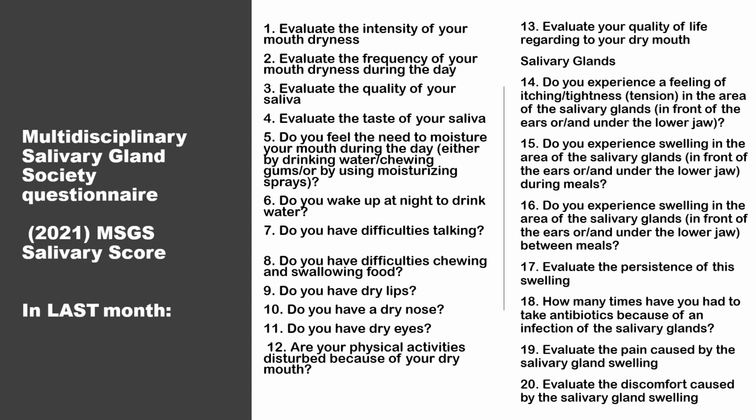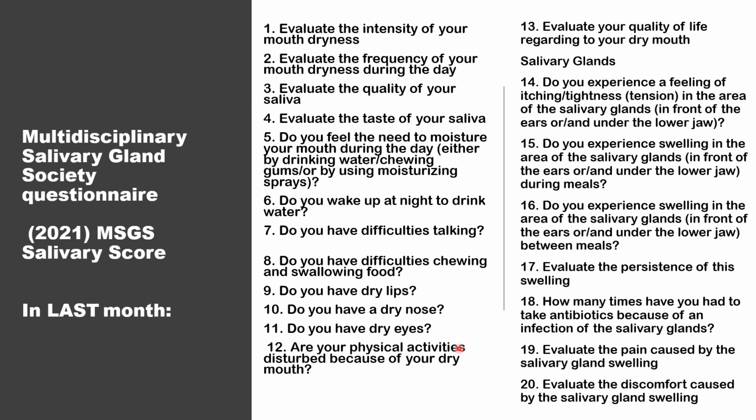The most recent and perhaps the most comprehensive of these scoring systems is the system suggested by the Multidisciplinary Salivary Gland Society Questionnaire in 2021, which includes 20 different questions.